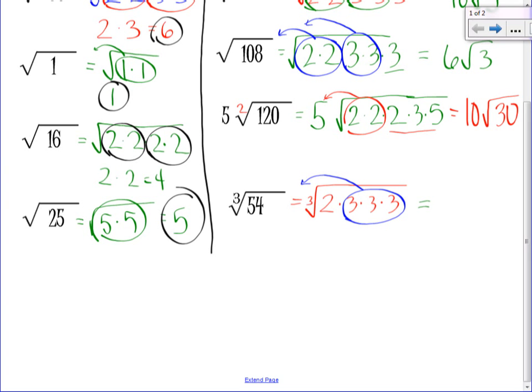So our answer is going to be what? 3 the cube root of 2. Yes. We have to keep that little tiny 3 out there. That doesn't disappear. Questions? We're going to try 2 more before we get to the worksheet.